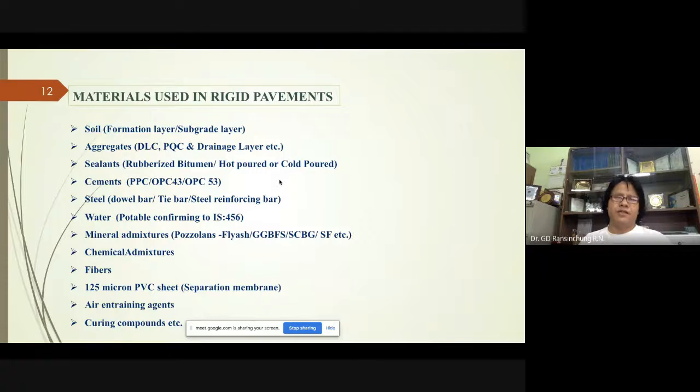OPC 33 is a low heat cement, hence for concrete pavement construction we don't prefer it. But OPC 43 and 53 are recommended. Among these two grades, OPC 43 is again preferred over OPC 53, because OPC 43 liberates heat at a moderate rate.